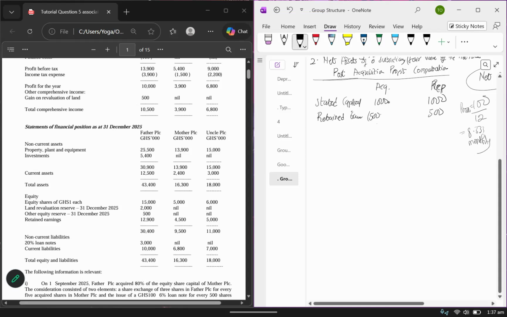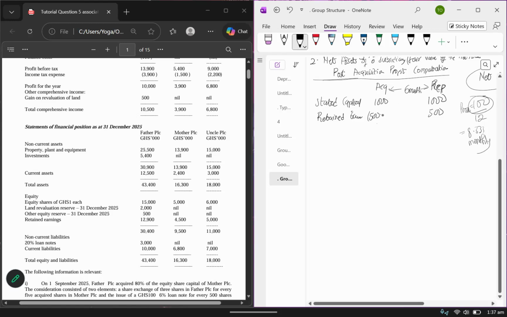And we are saying that the post acquisition period is 6 months, from the acquisition date to the reporting date. It wouldn't be right for us to use the whole 100 and subtract it from 500 to get the acquisition period figure, because this 100 is for the whole year.